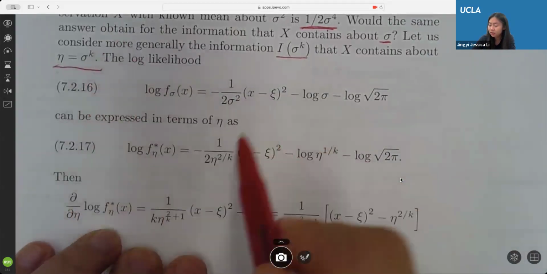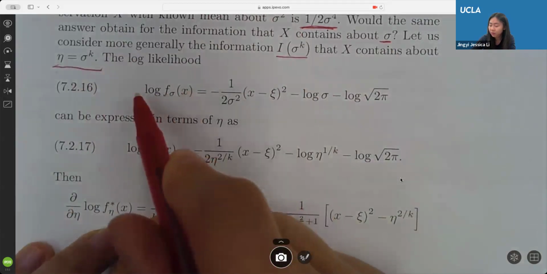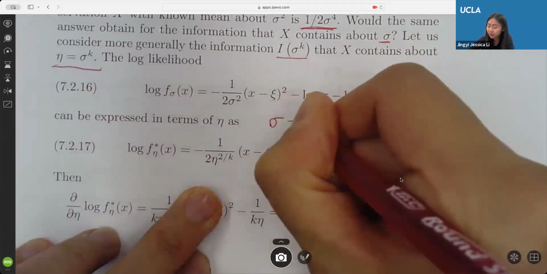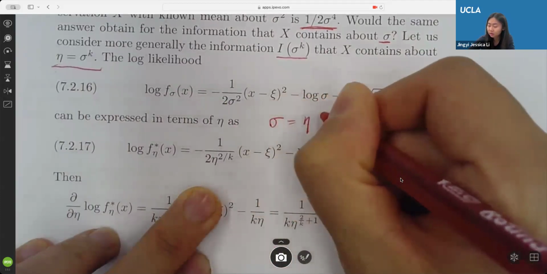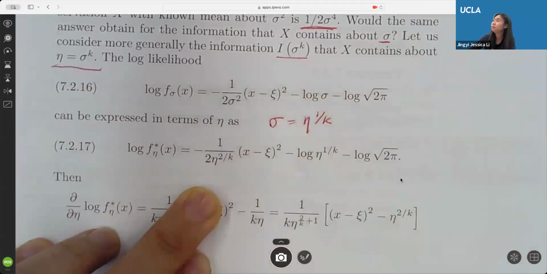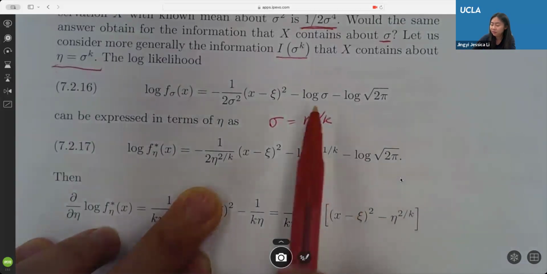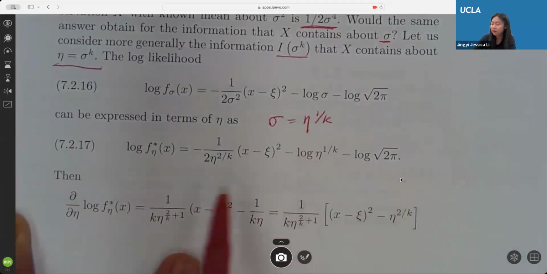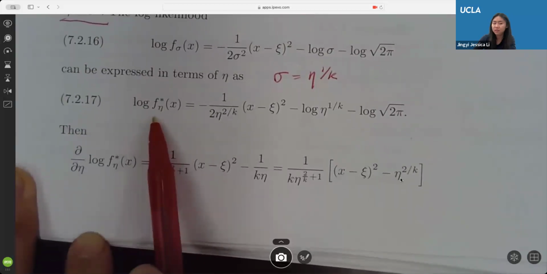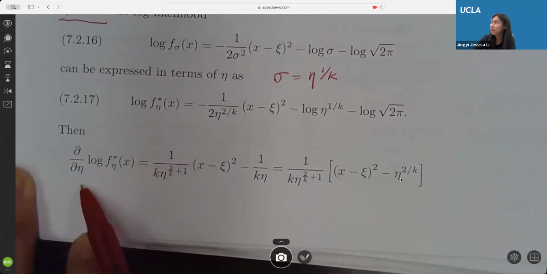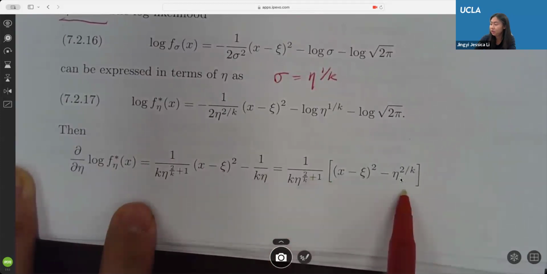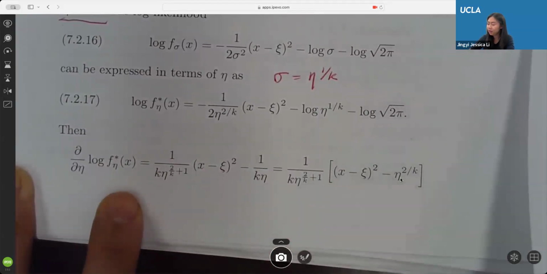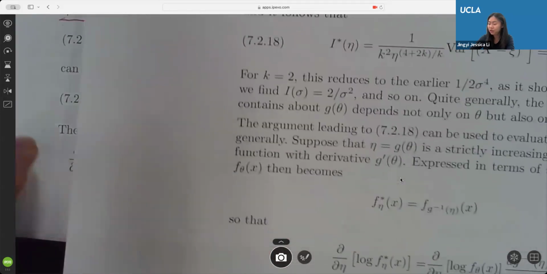And now eta is sigma to the power k. We re-express every sigma as eta to the power 1/k. Okay, then we plug this in, and we get this in terms of eta. Now we're going to take differentiation with respect to eta. Okay, we do the differentiation. This is it, and we can get Fisher information.